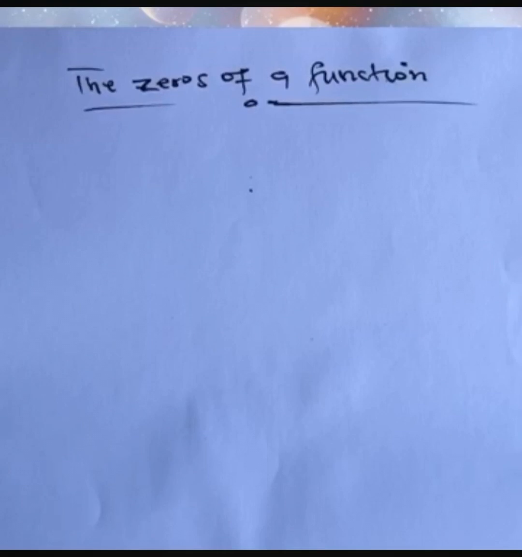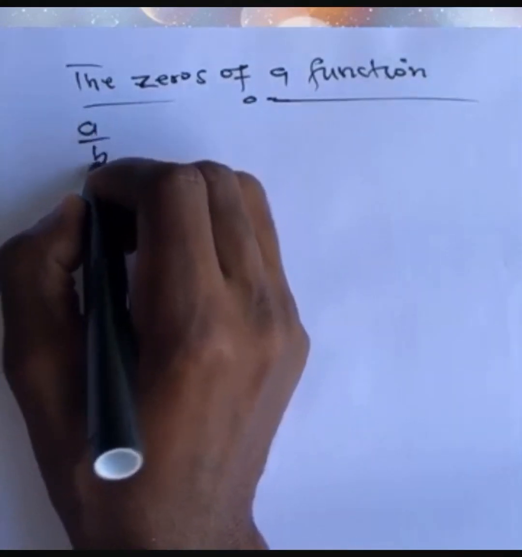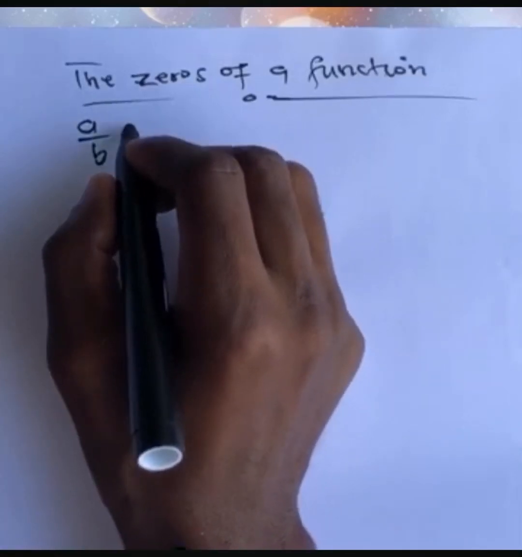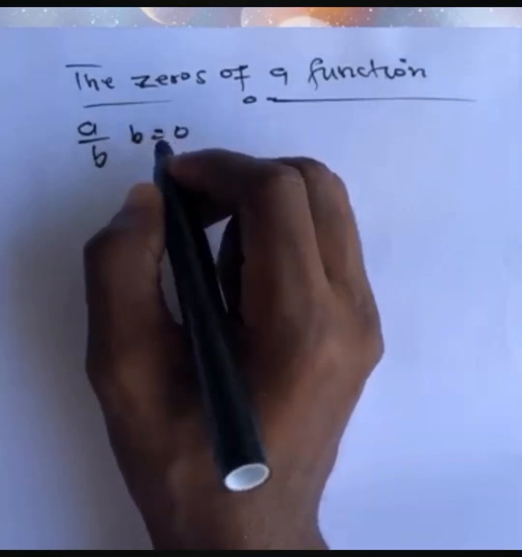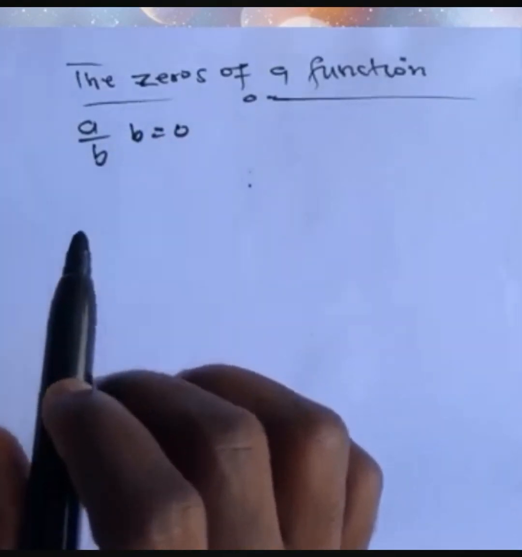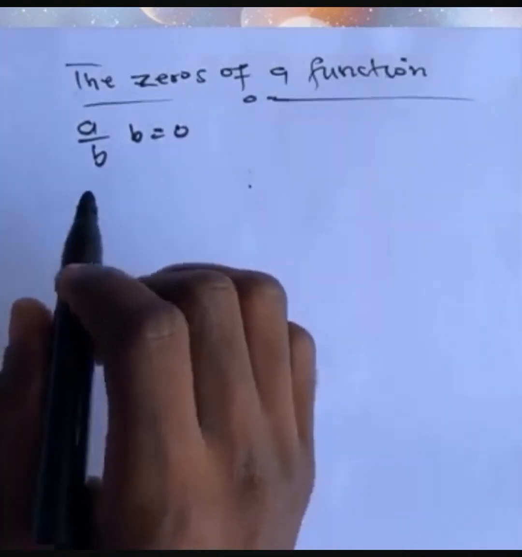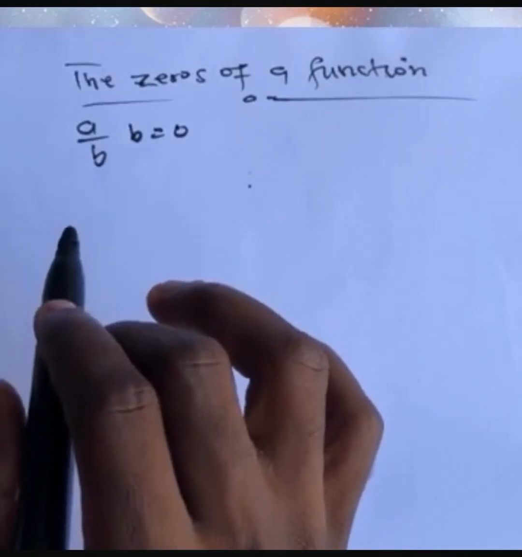0. Already we have looked at what will make a function become undefined, and we said that if I have a over b and b equals 0, then this function becomes undefined. But if you want to find what makes the function become 0, then it means that you have to equate the numerator of the fraction to 0.